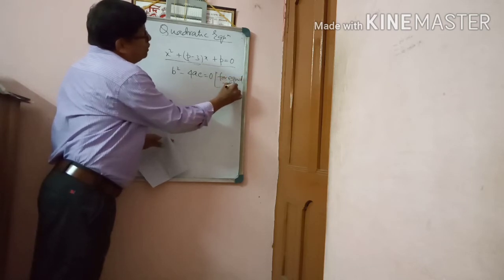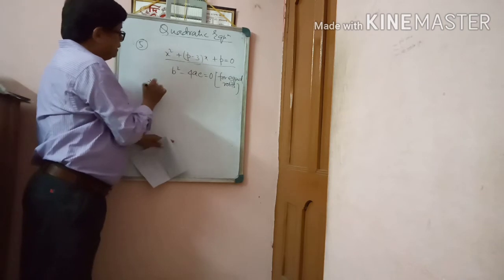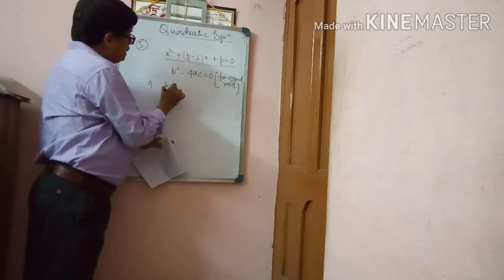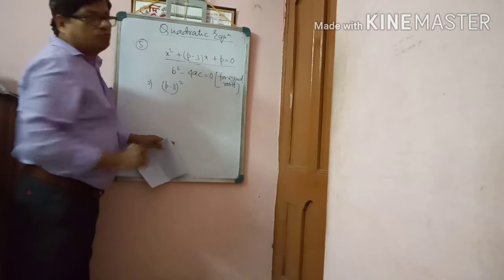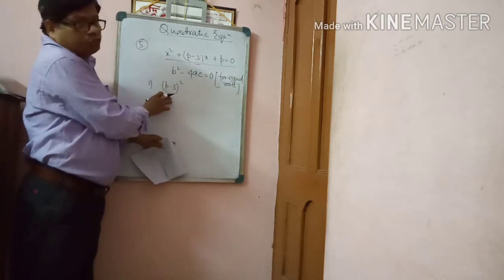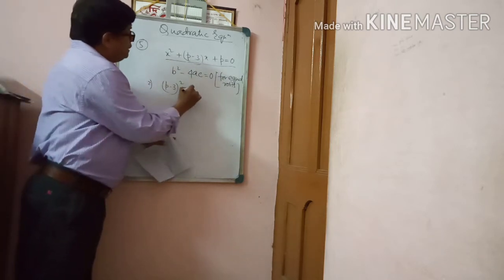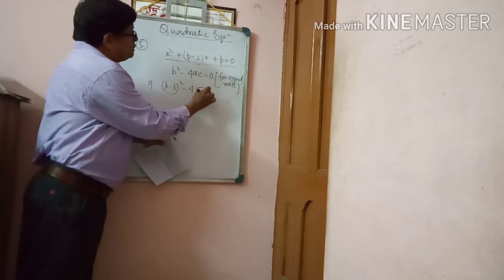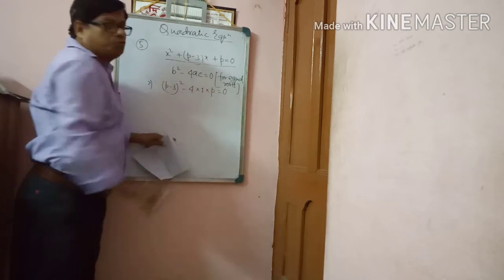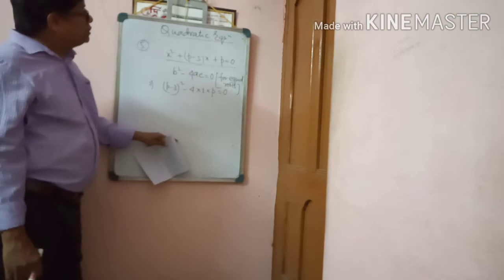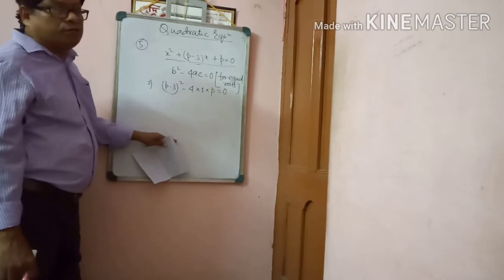For equal roots, b is p minus 3, whole square, minus 4 into a 1 into c p equal to 0.